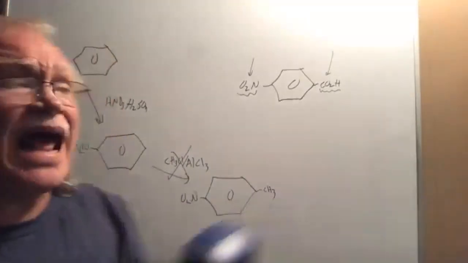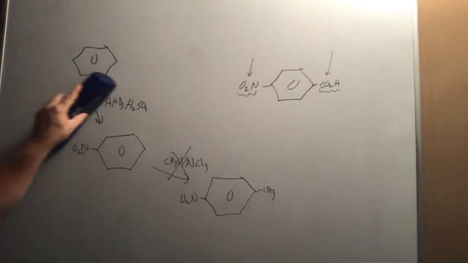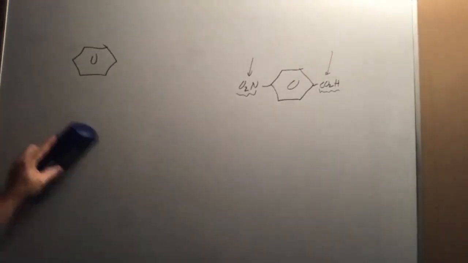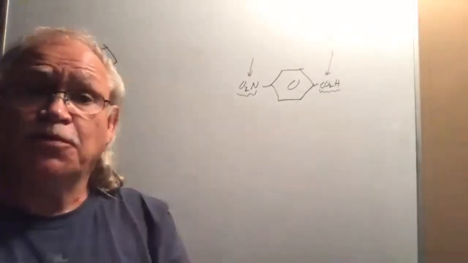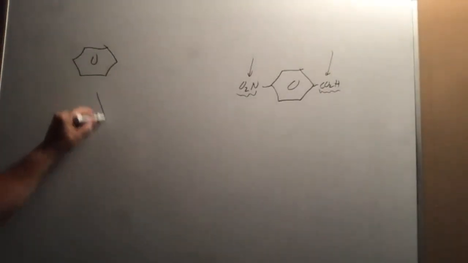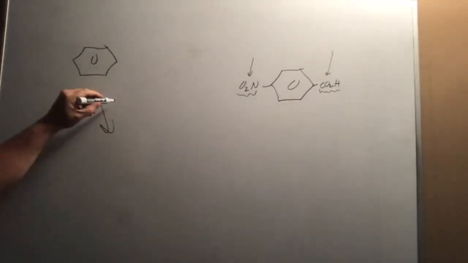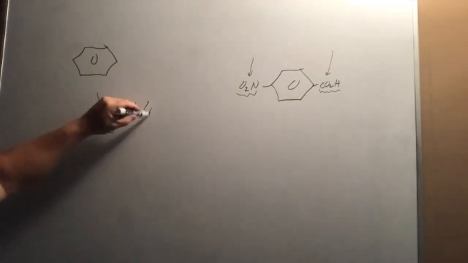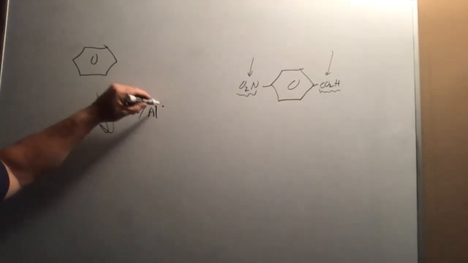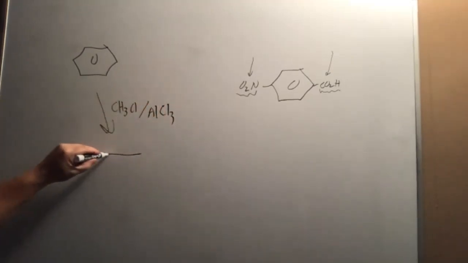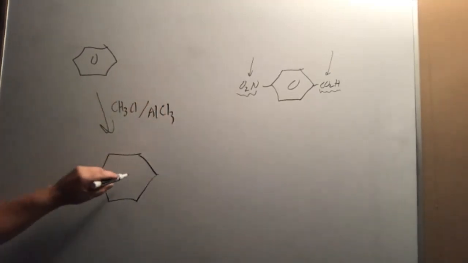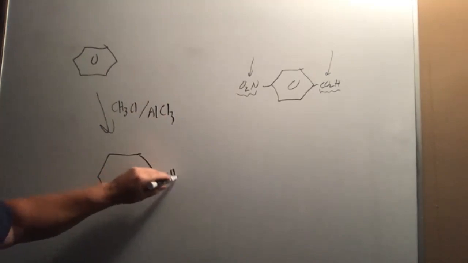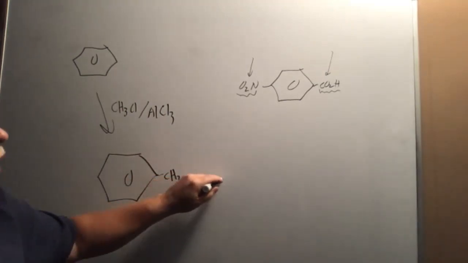So what can I do? If I can't put the nitro group on, let's put the alkyl group on first. So I'm going to add my CH3Cl and my AlCl3, and add the CH3 group. Now, I've got 2 choices.